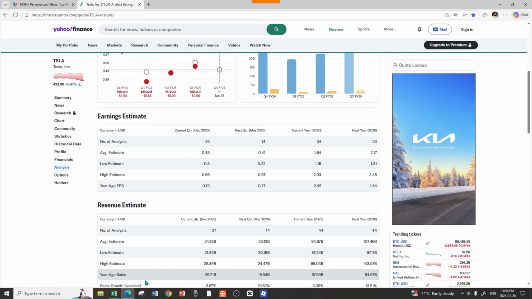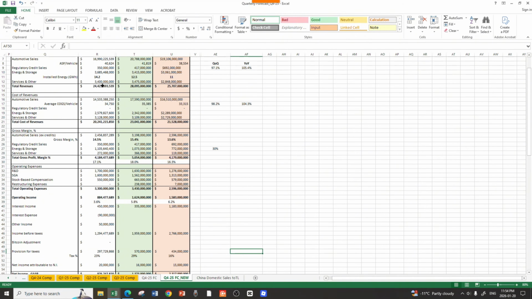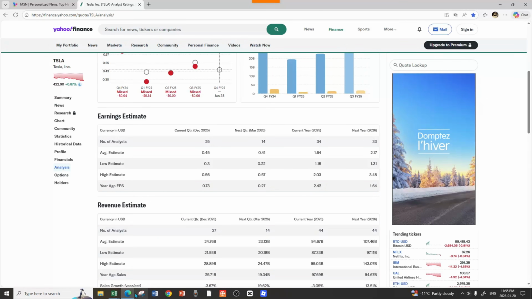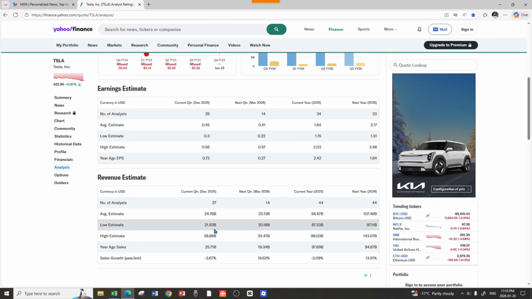My revenue number is at 24.4, right? 24,425. The average consensus revenue number is 24.7. So I'm again a little below. I don't really think this is going to matter all that much.